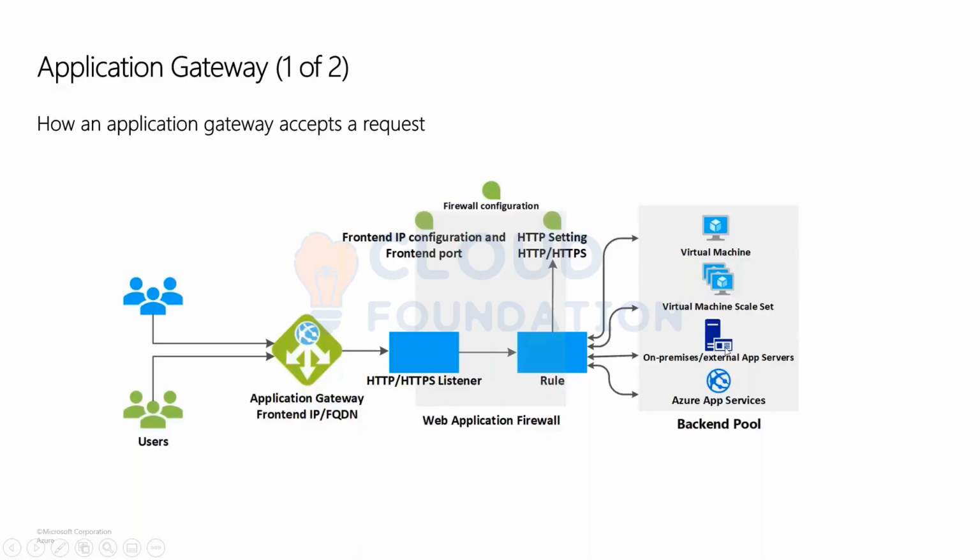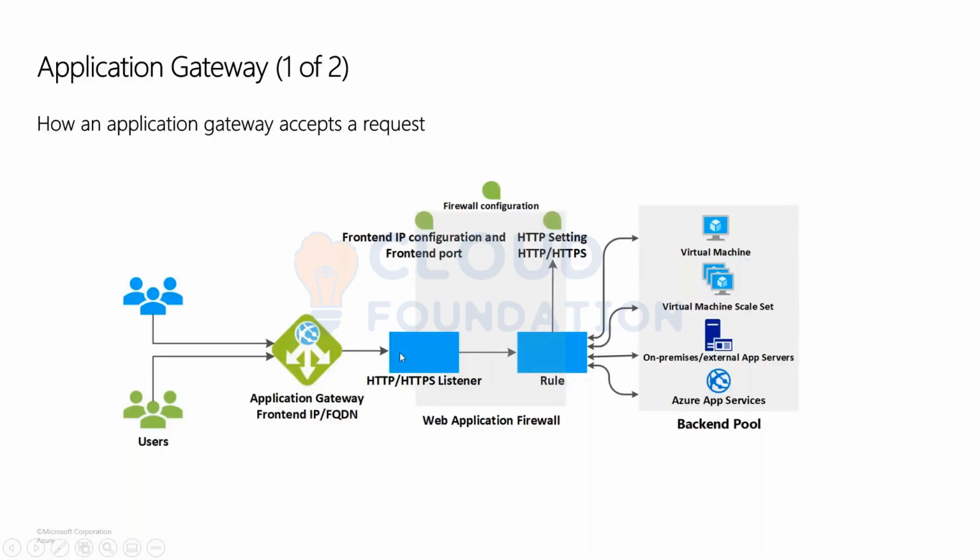Secondly, this can also help you communicate with your on-premises or external app servers. This is another beautiful aspect of application gateway. Azure Application Gateway can also connect with your on-premises environment using a gateway, or you can also use site-to-site connectivity. That is the beautiful part about application gateway as compared to other load balancers that we have.